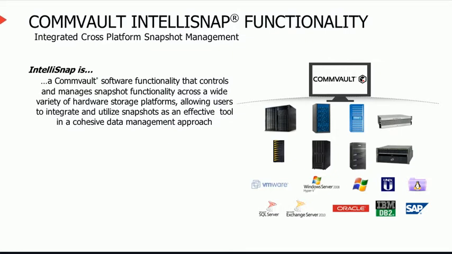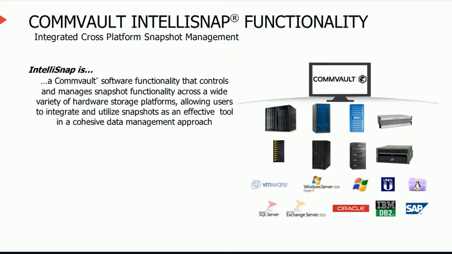The solution that CommVault software delivers is known as IntelliSnap technology. IntelliSnap is a software functionality built into the CommVault suite that controls and manages snapshot functionality across a wide variety of hardware storage platforms, allowing users to integrate and utilize snapshots as an effective tool in a comprehensive data and information management solution.